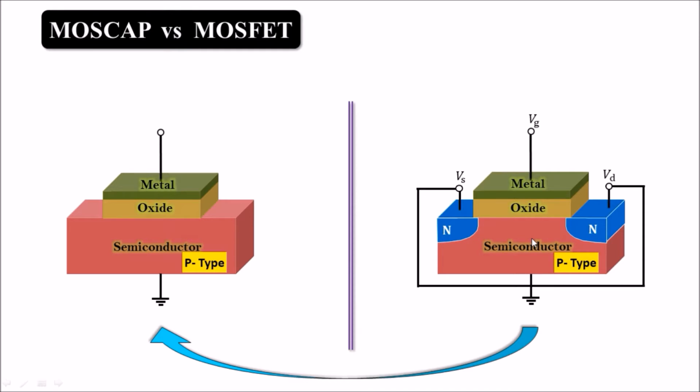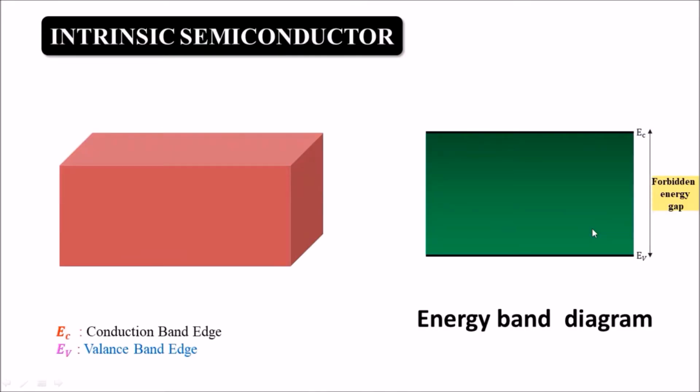Now we will see the energy band diagram of a semiconductor: intrinsic semiconductor, P-type semiconductor and N-type semiconductor. This is an intrinsic semiconductor and there is no doping.